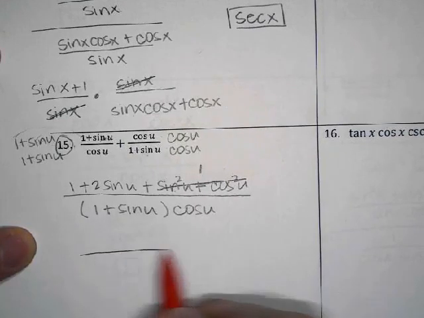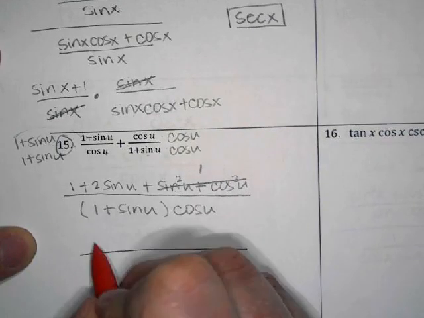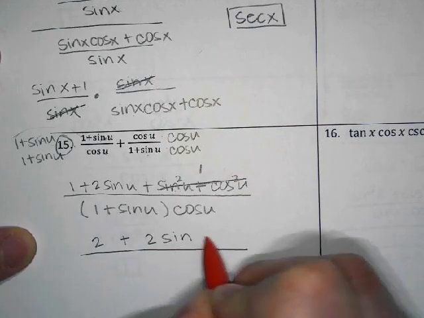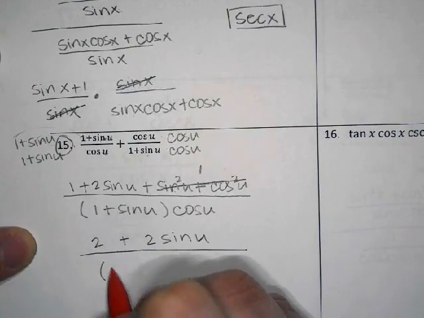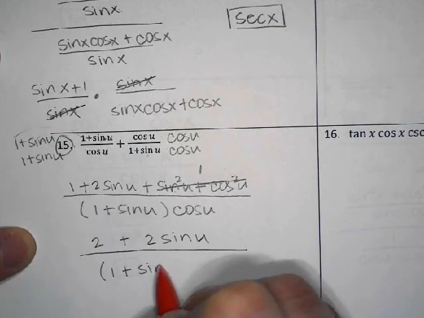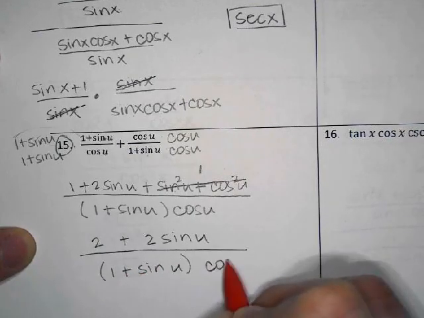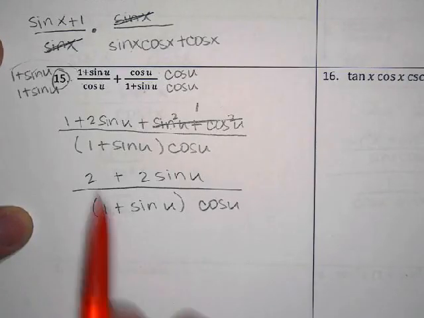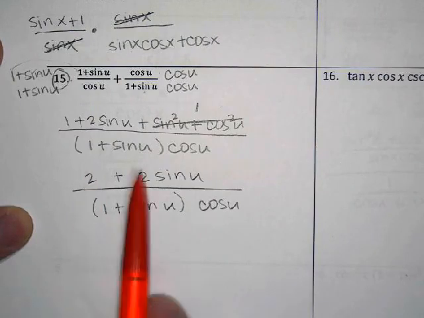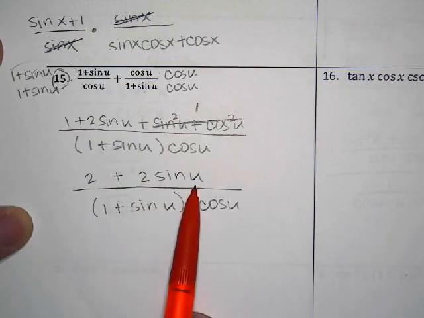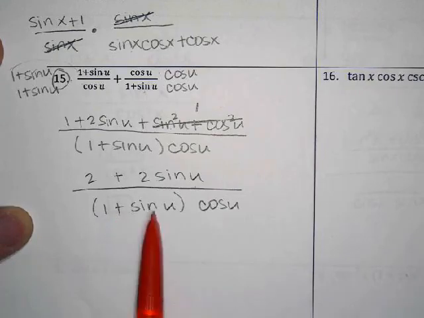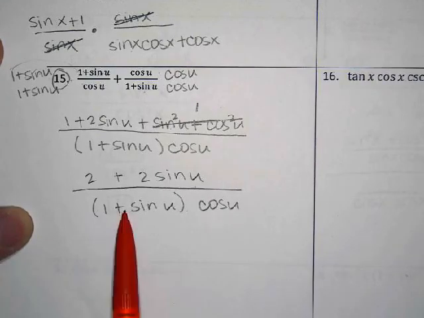So what do we have? Okay. Now, on the top, we have 2 plus 2 sine u. On the bottom, we have 1 plus sine u, which is the same as 1 plus 1 sine u.